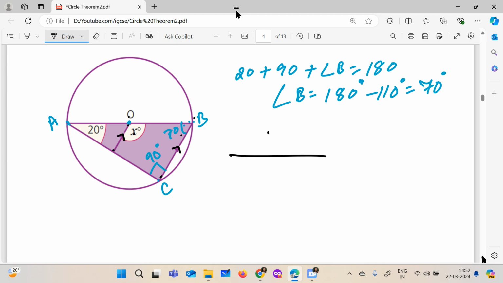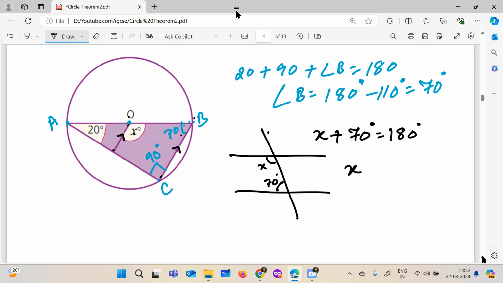If you remember, these are called co-interior angles, and the sum of co-interior angles is 180 degrees. So x plus 70 degrees is equal to 180 degrees. Hence x is equal to 180 degrees minus 70, which is equal to 110. I hope this is clear to you.